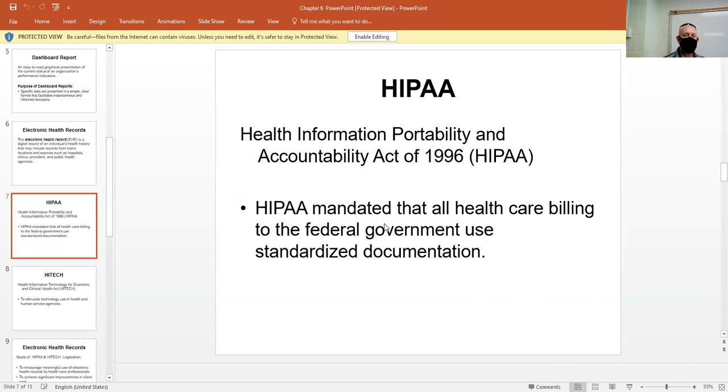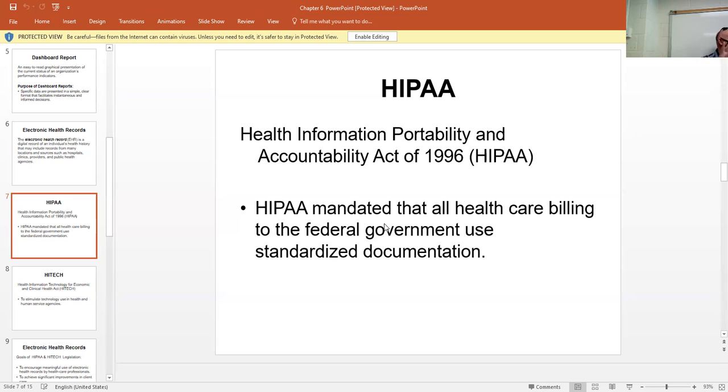But they wanted healthcare billing to use standardized documentation that Medicare, Medicaid, and other providers can understand. Like in one of the other classes, we did the abbreviation quiz. Remember doing the abbreviations? Y'all remember any of them? Hopefully you do. That's what we're talking about.